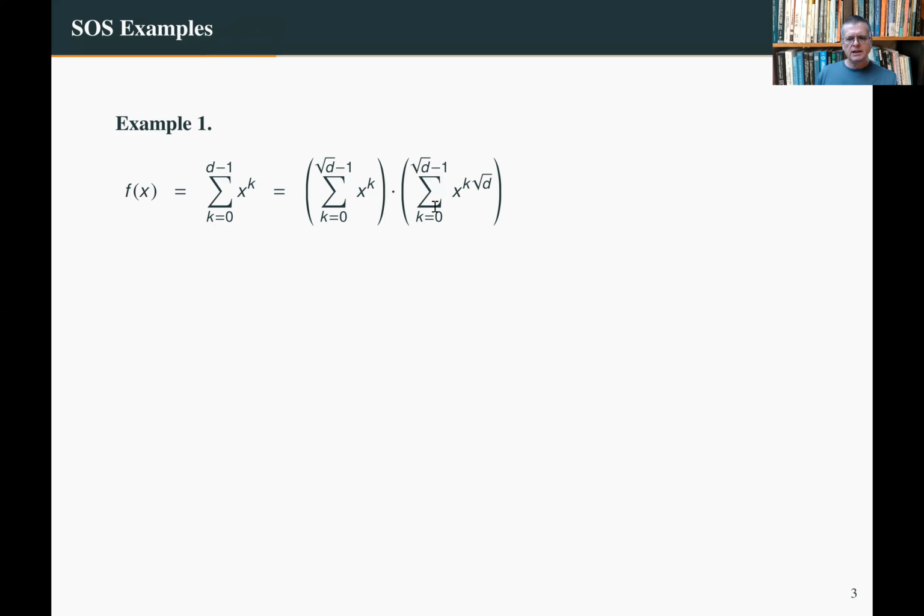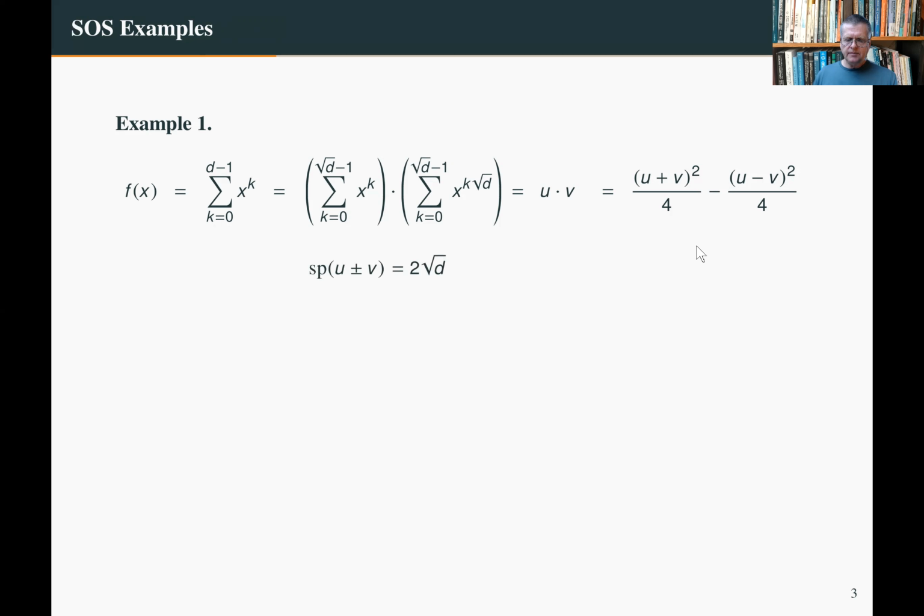And when you multiply it with this polynomial, then you can verify that you actually get f. And observe that this bracket has square root d terms, and same for this has square root d terms. So let's call these two brackets u and v. So this is then u times v, what we have here. And now you can verify that this expression here gives you u times v. And this is a sum of square representation we get.